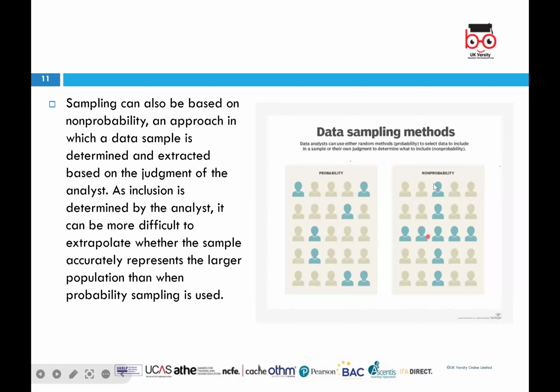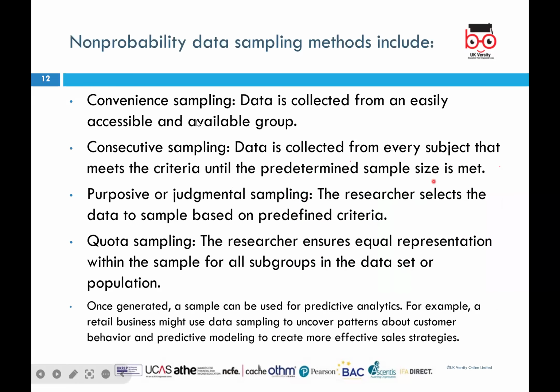What is non-probability is that you're going into the field and you're sampling based on your convenience. So let's say, Jesse, you're sampling school children. So you want to take children of year 1 and year 2.